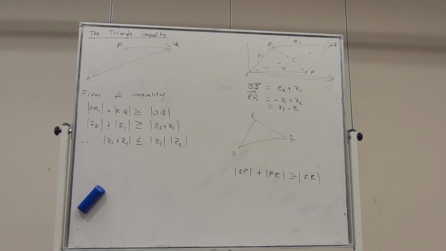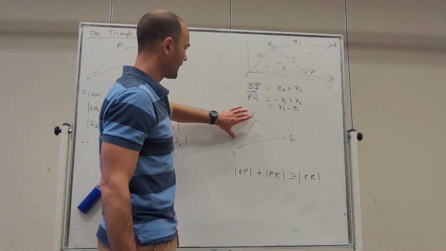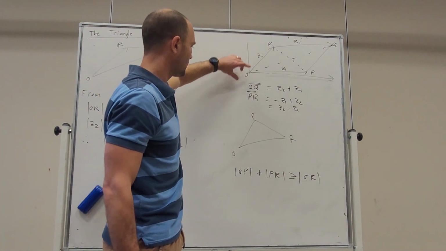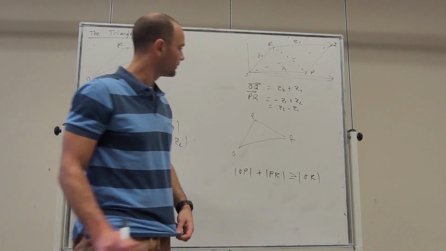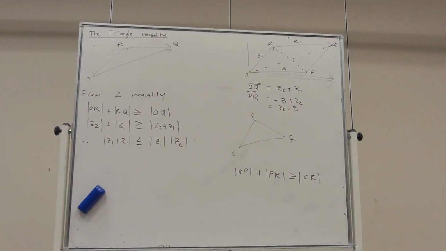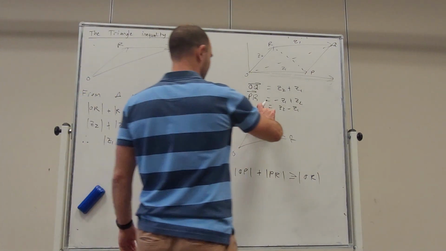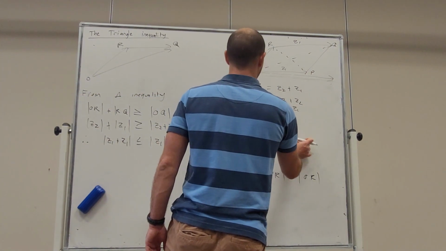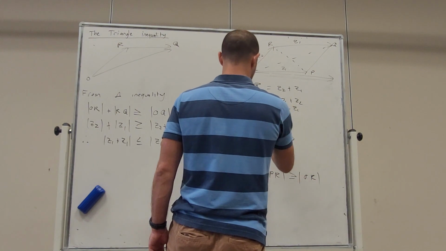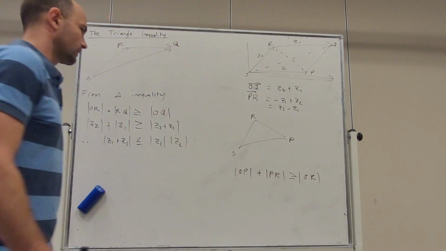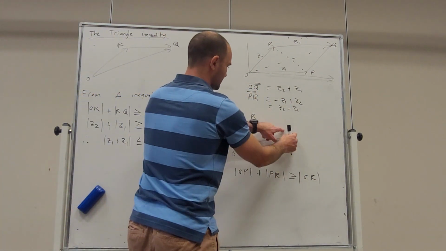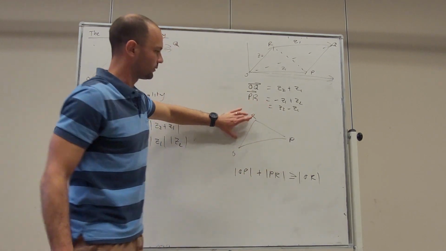Now we've found all of those, okay. Oh sorry, I've written those around badly, haven't I? I should make it look the same as what we've got here. This is O, this is P and this is R. Okay, vector OP plus vector PR is larger than or equal to vector OR.